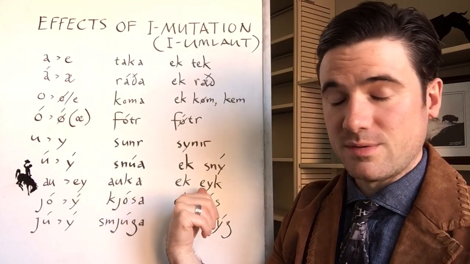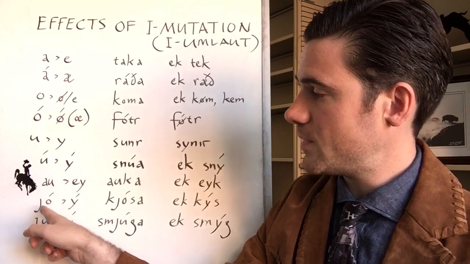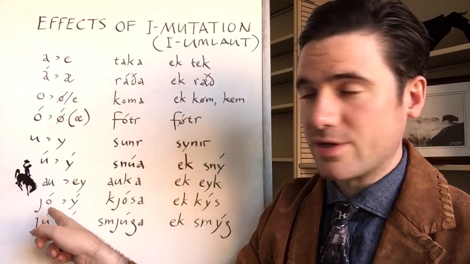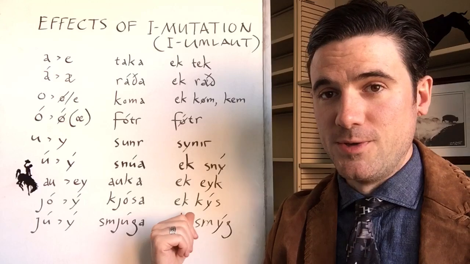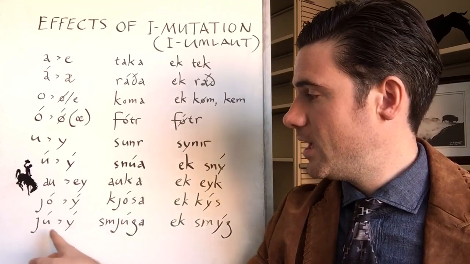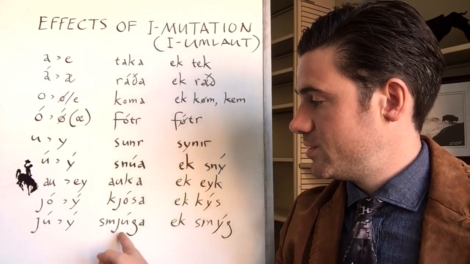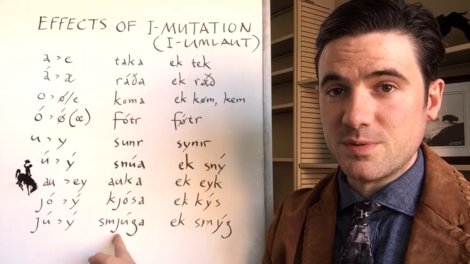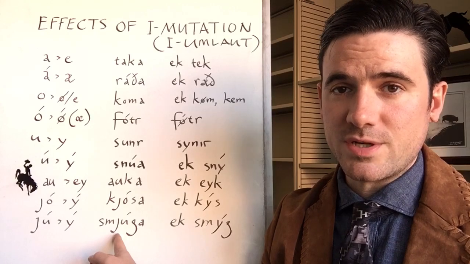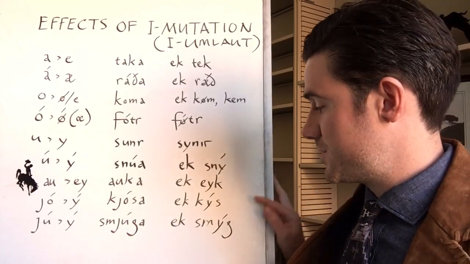We have our present first person singular, ek eyk, I increase. Jó, J plus long O together becomes long Y. So kjósa, to choose. We get ek kýs, I choose. And ú, J and long U together becomes long Y too. So smjúga, which is to creep, the verb related to Sméagol, which J.R.R. Tolkien, of course, used to describe a creepy character, becomes in the first person singular, I creep, precious.